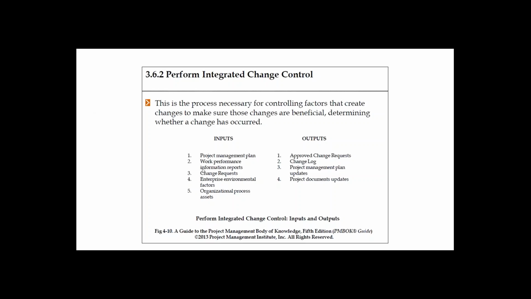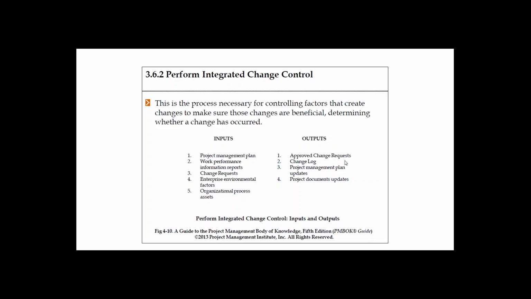Now let's go over the inputs: project management plan, work performance information reports, change requests, EEF and OPA. We will see why the work performance information report is required here, because you need to provide that information to the CAB process for their reference.